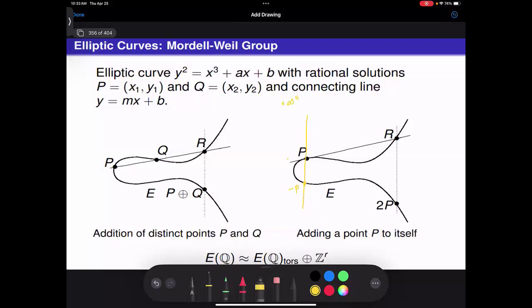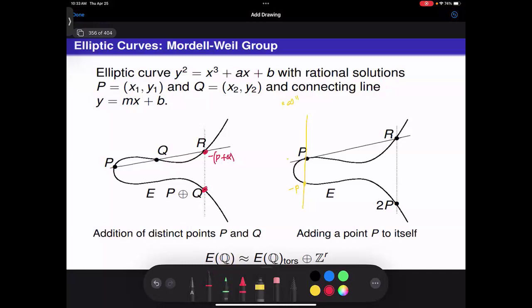Because if P plus Q is coming down here to this red point, this point over here would be negative P plus Q. And when you add them, you would get that point at infinity.